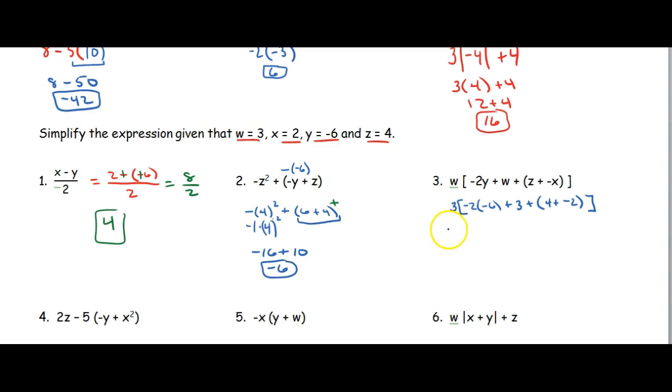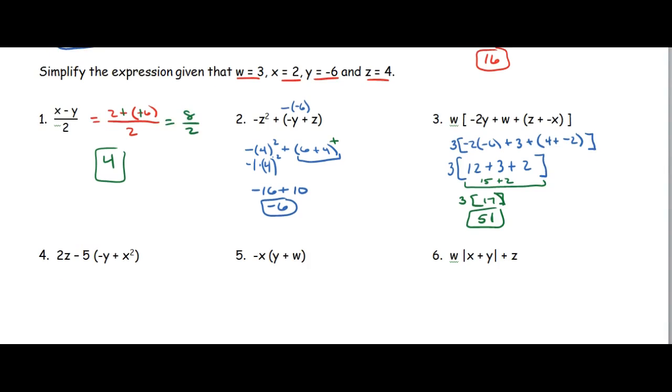So here, we have to go and do everything in parentheses. Negative 2 times negative 6 is positive 12, plus 3, plus 4 plus negative 2 is 2. Now, in the parentheses, we still have to evaluate using correct order of operations. 12 plus 3 is 15. 15 plus 2 gives me 3 times 17, which gives you 51.